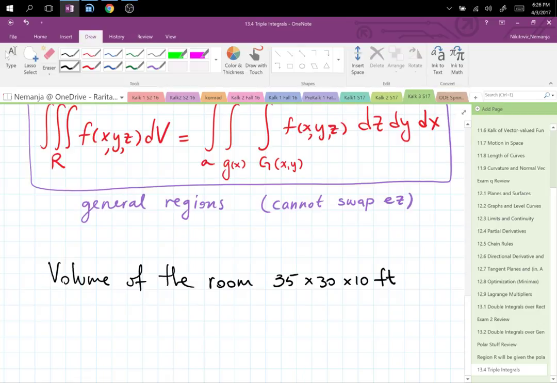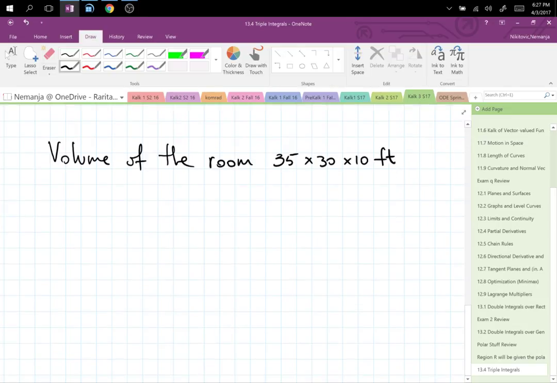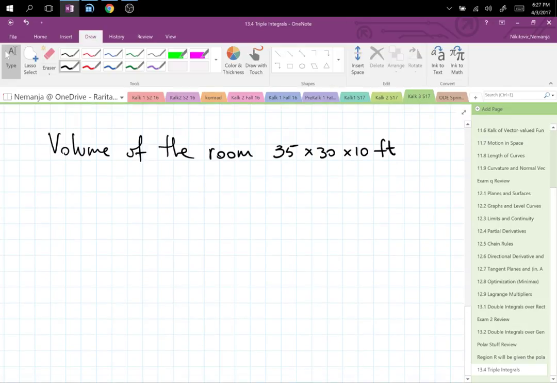Now you know how to compute the volume, right? All you need to do to compute the volume of this is set up a triple integral, right? So, of course, you have the dimensions of the room. So all you do is you set up a triple integral. Actually, no. First, you draw the shape, because then you understand the room better.